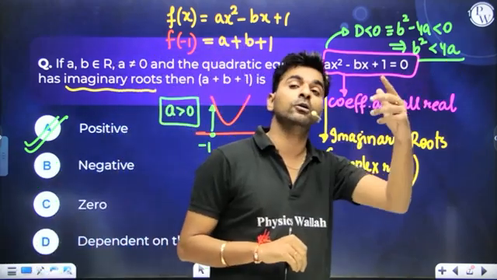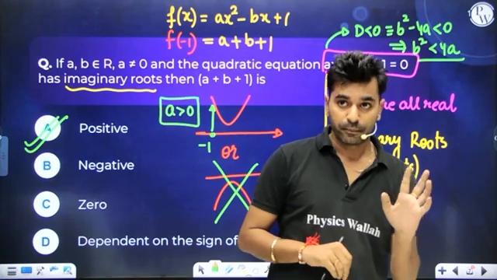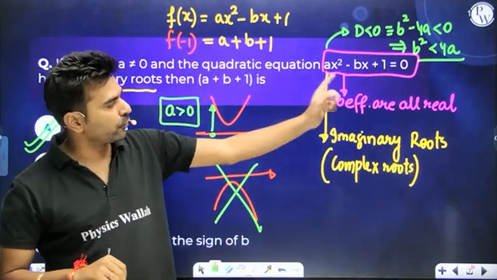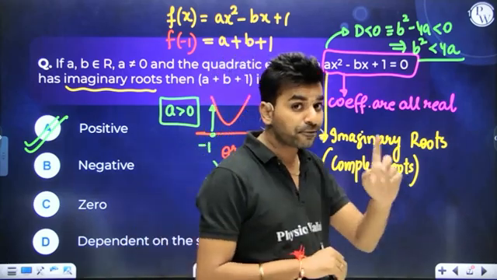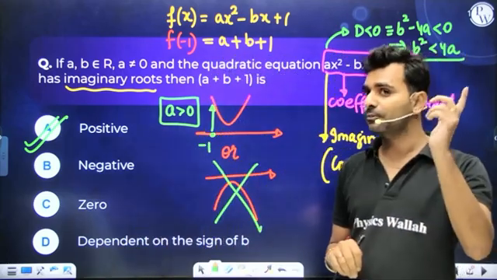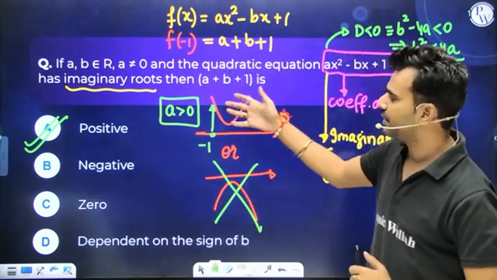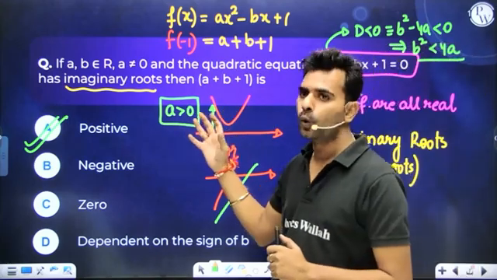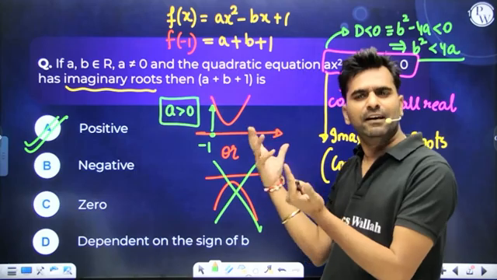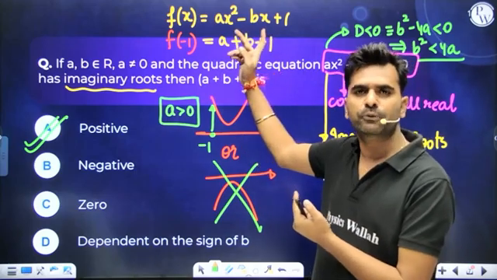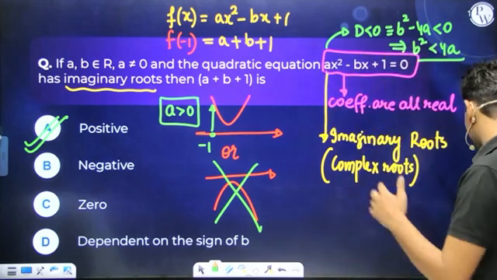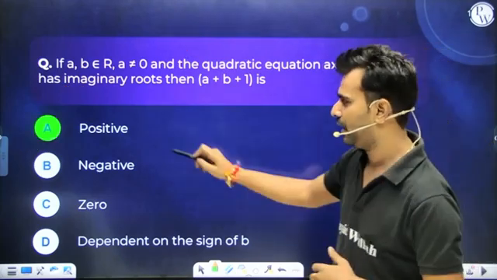So 4a also has to be positive only, because if 4a is negative, then b square can never be less than 4a. If 4a is positive, means a has to be positive. A positive means only this graph is possible and this graph is not possible. If a is greater than 0, that means for any real value of x, the quadratic expression is going to be positive. So f of minus 1 also needs to be positive, means the correct answer of the problem is going to be option A, right?